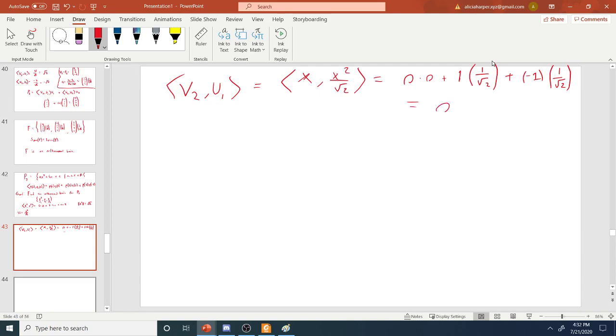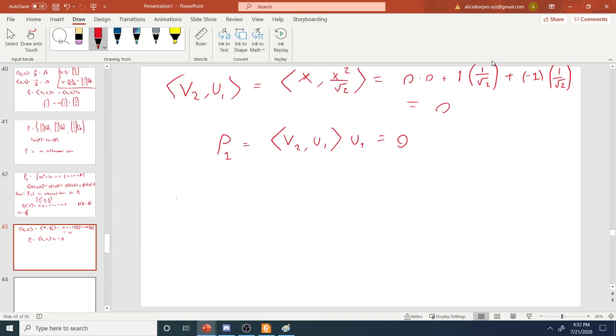And so this will be 0. So in this case, the vector P1, which is just the inner product of v2 and u1 times the vector u1, is equal to 0.